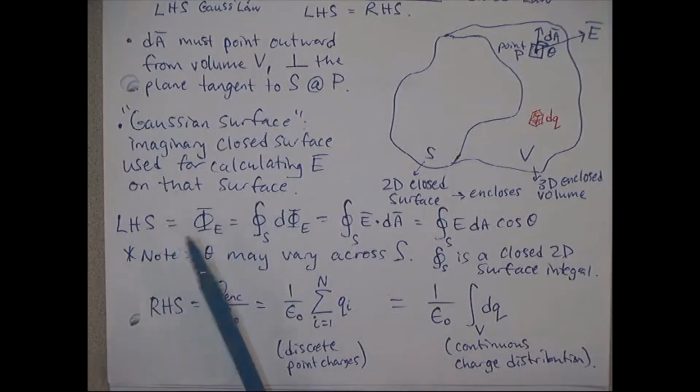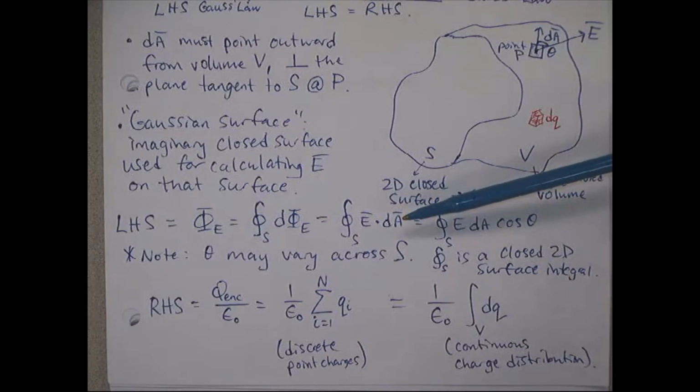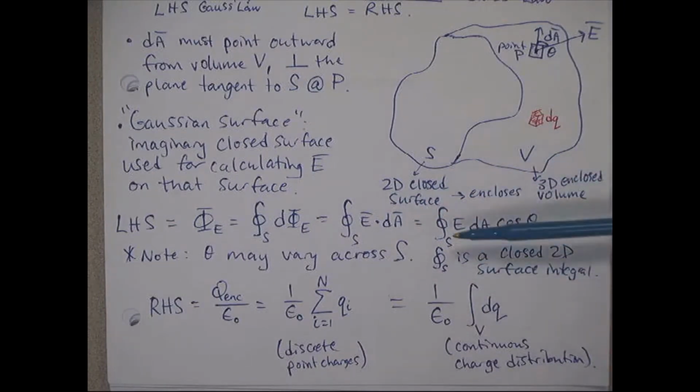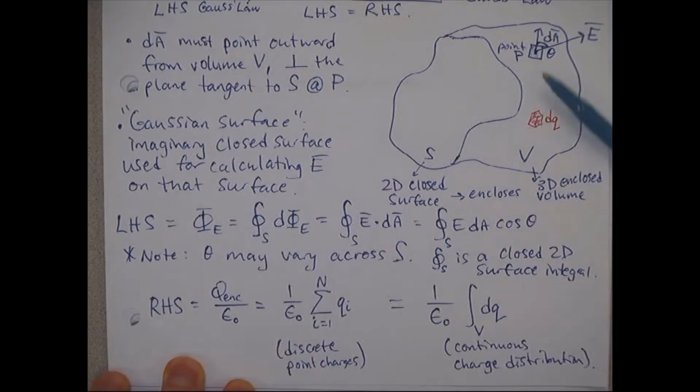So the left-hand side of Gauss's law proceeds with a calculation of electric flux, say surface integral of E dot dA over the surface S. So you've seen this in the previous electric flux topic, E dA cosine theta. Theta may vary. In general, it will be different across your surface.